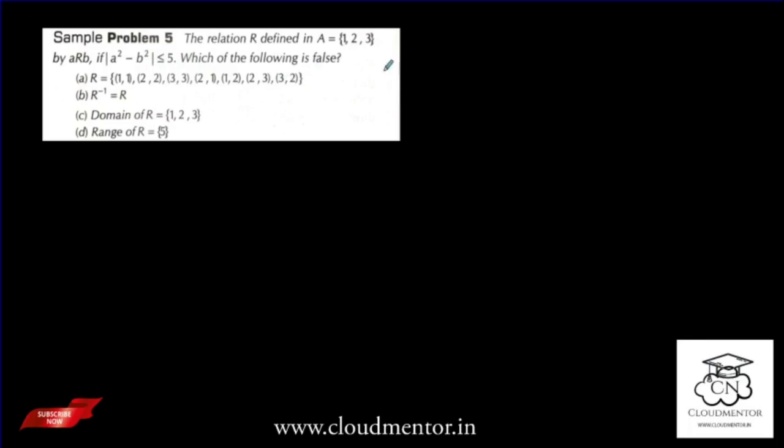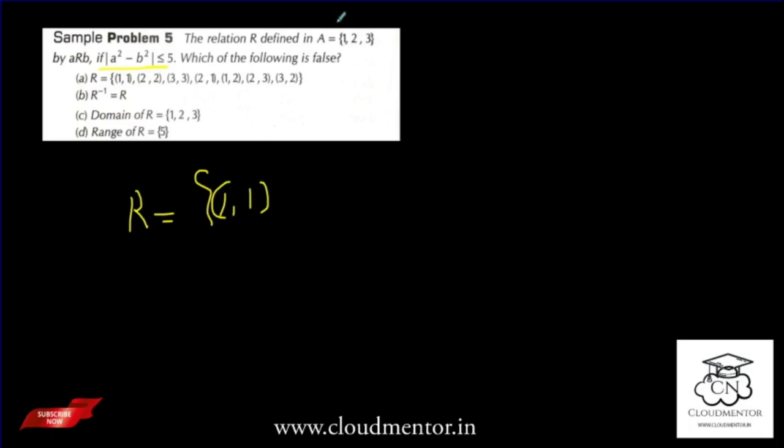So this relation is from A to the same set A, so we can write the relation R as set of 1 is related to 1. That's not contradicting the condition given here, that is a square minus b square less than or equal to 5. So we can write 1, 1.